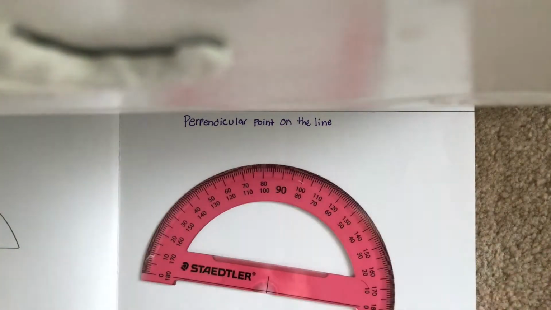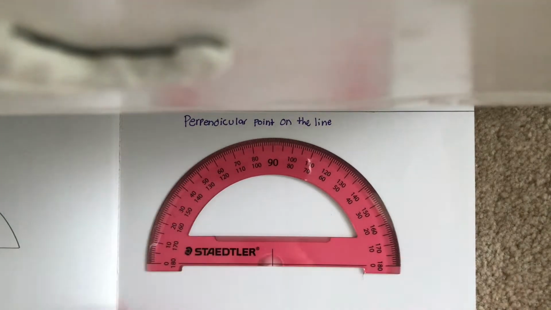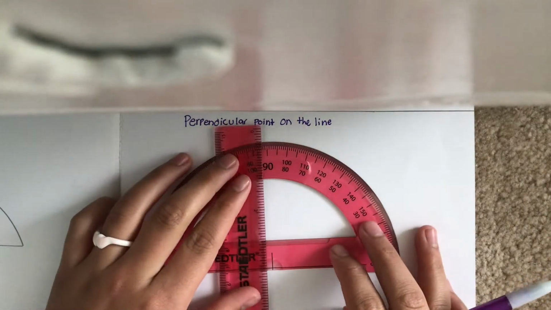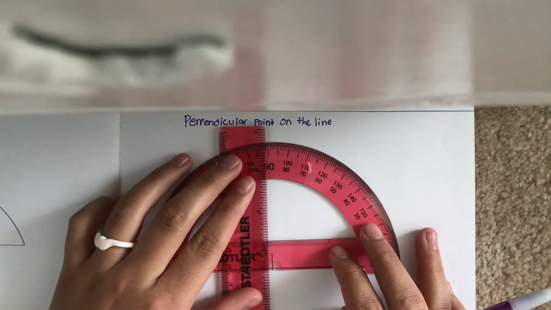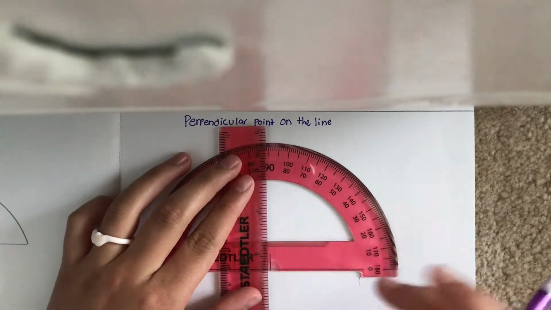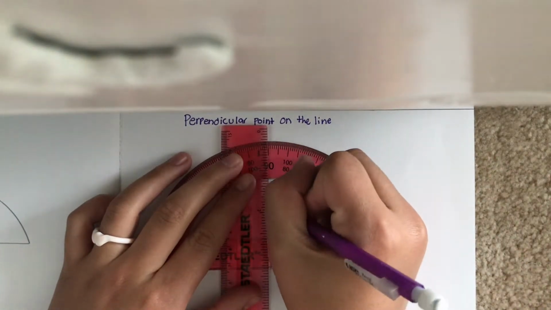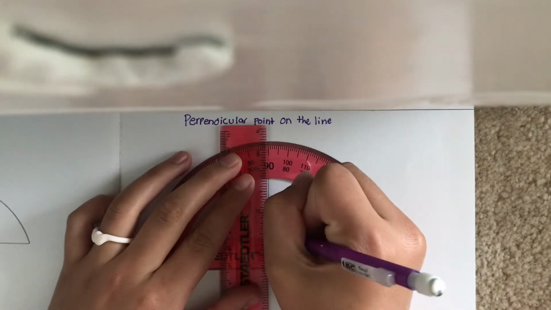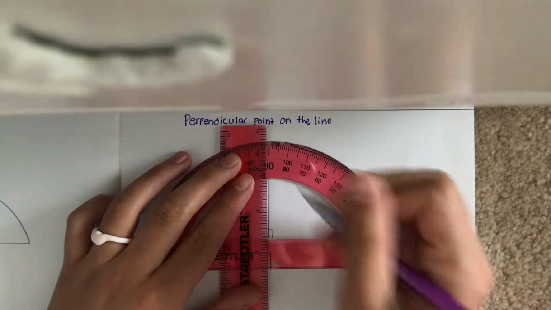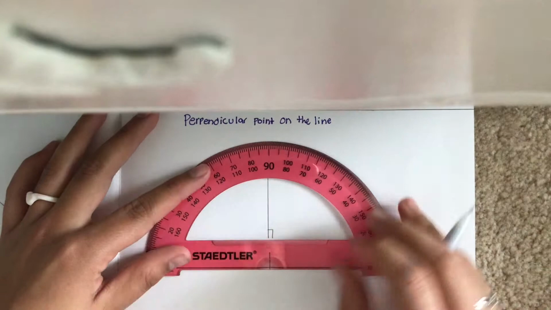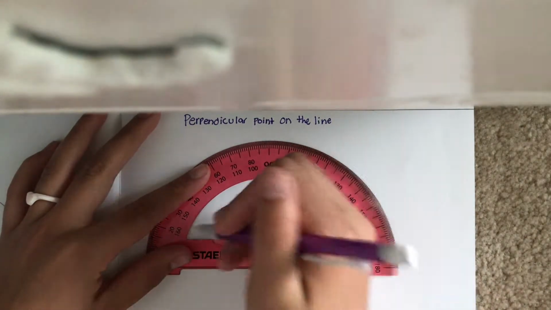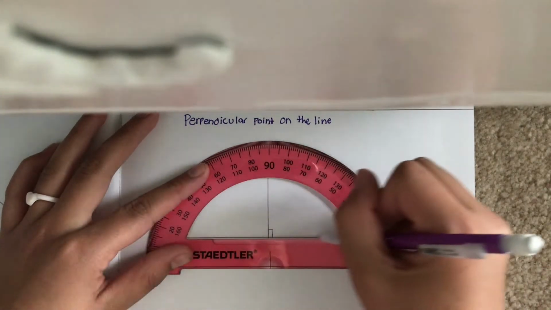So once again, I'm going to get our handy dandy protractor. This time I'm actually going to start off by putting the square so I don't forget. And then draw the line that goes right across.